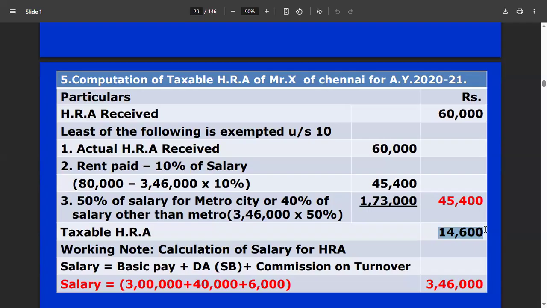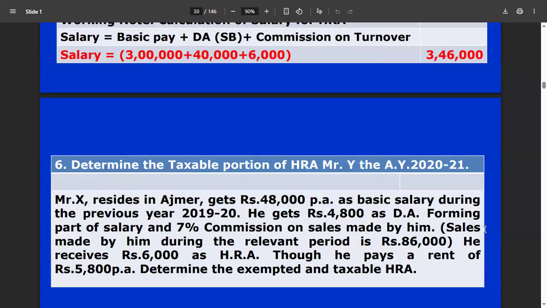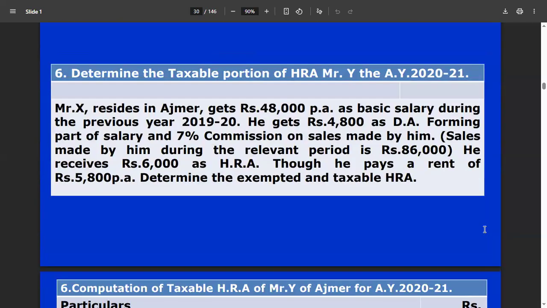So let's see the next numerical. Now, based on the last numerical, let's find out what is taxable. He resides in Ajmer. As per income tax, is Ajmer non-metro or metro? We'll consider it non-metro. He is getting 48,000 basic salary and 4,800 as dearness allowance.